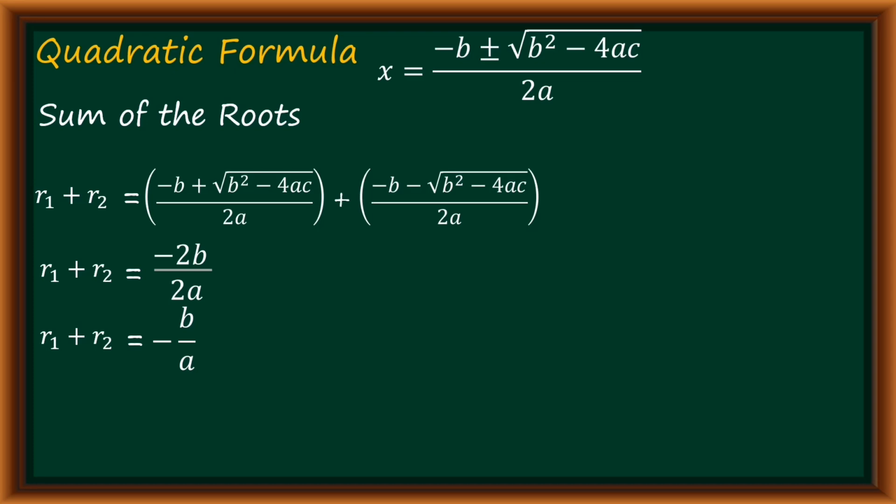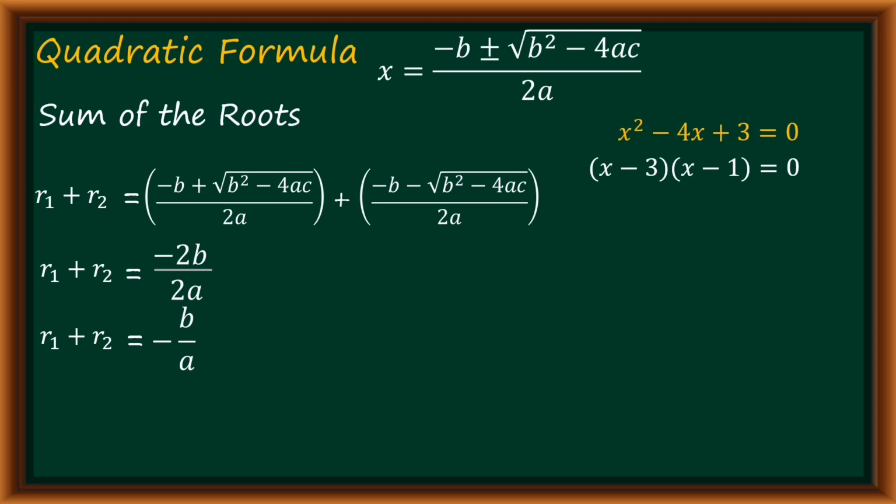Let us illustrate. Suppose we have a quadratic equation, x squared minus 4x plus 3 is equal to 0, and we need to find the sum of the roots, but we do not know the formula. Our next move is to solve for the roots. By factoring, x squared minus 4x plus 3 is equal to 0 will be written as the quantity x minus 3 times the quantity x minus 1 is equal to 0.